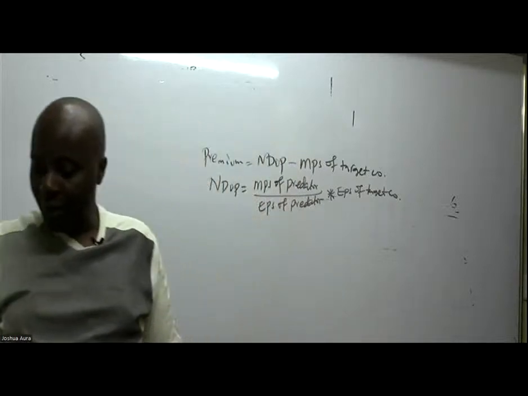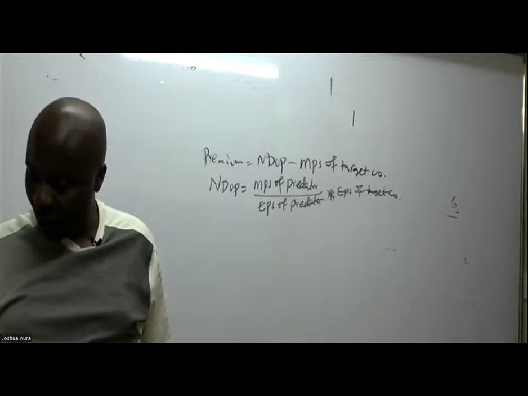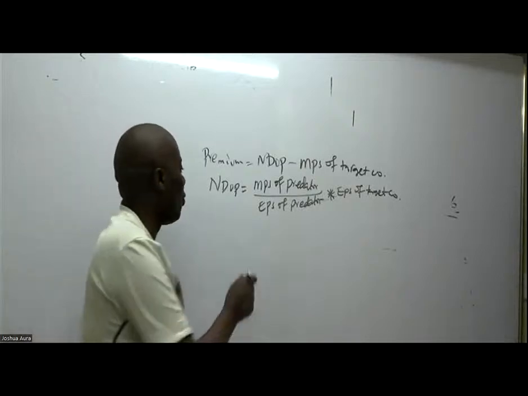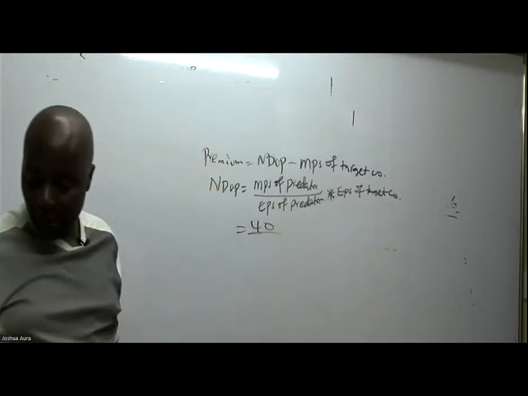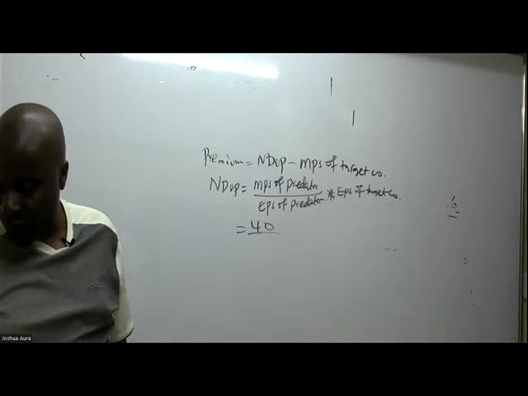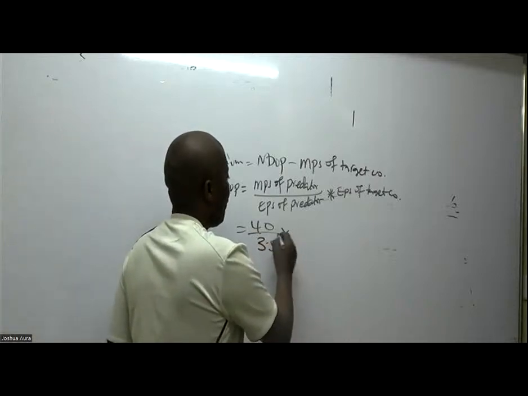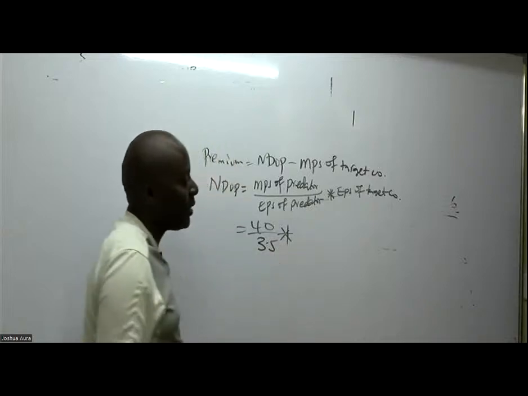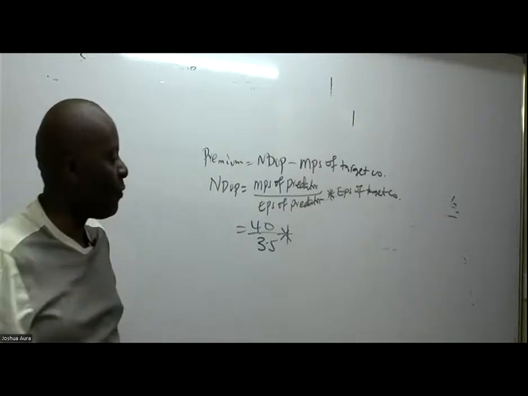They have given me the MPSs. From my table here, the MPS for A is 40. So I'll take 40 here, all over EPS of the same predator company, which is 3.5, times EPS of the targeted company, which is 1.5.